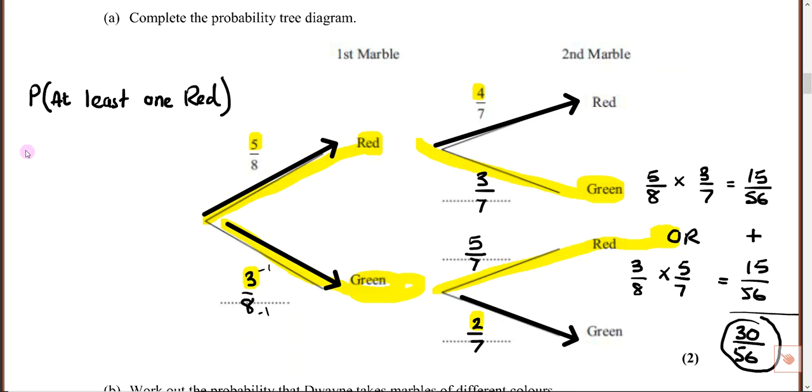Well, what if I did this? I would do 1 minus the probability of no reds. So I would work out the probability of green, green, and then subtract from 1. Why would I do that?